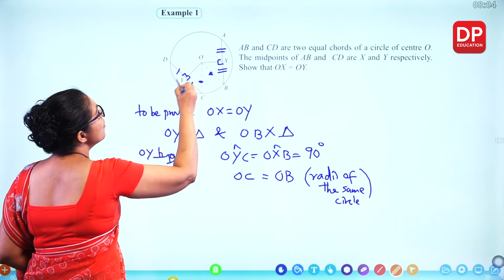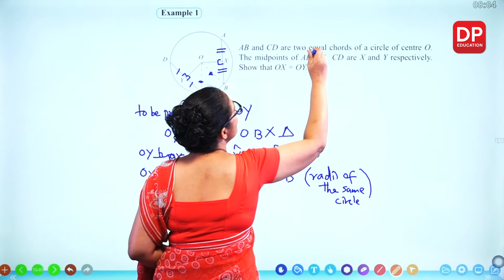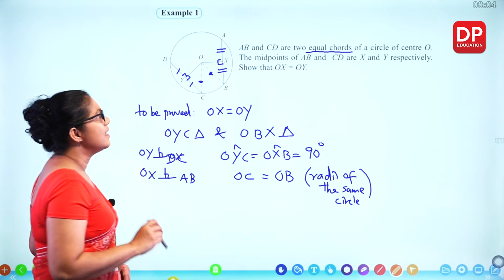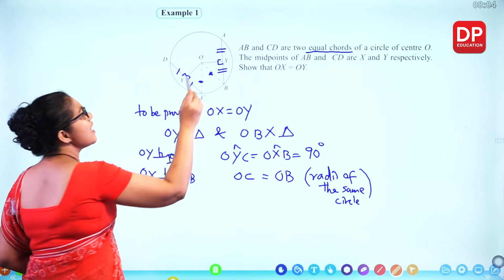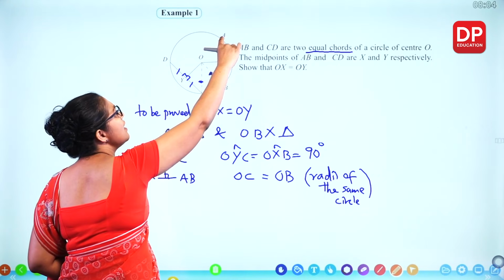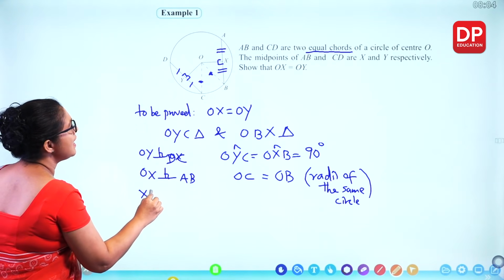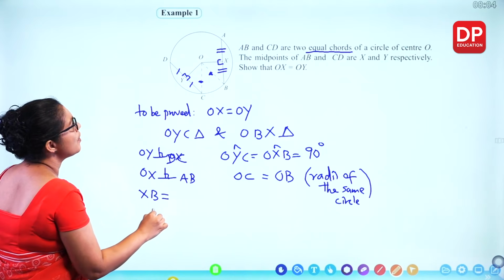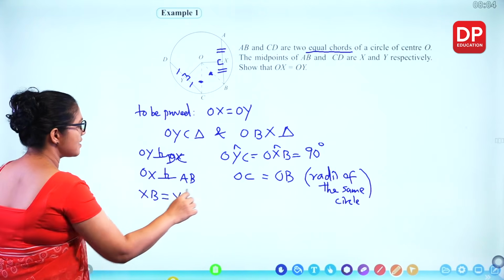And also we know these are equal chords. Equal chords means I don't need to take different lengths. So here I can write XB should be equal to YC. Why? What's the reason?